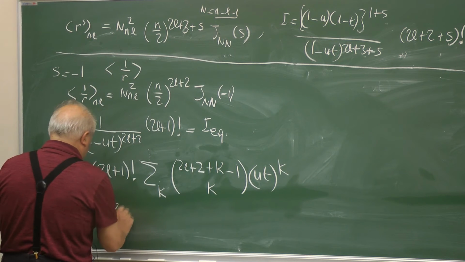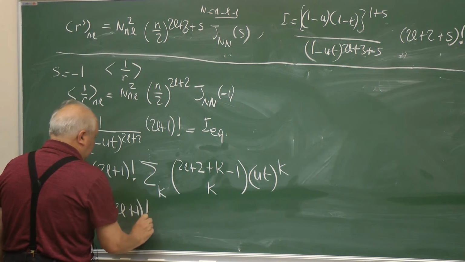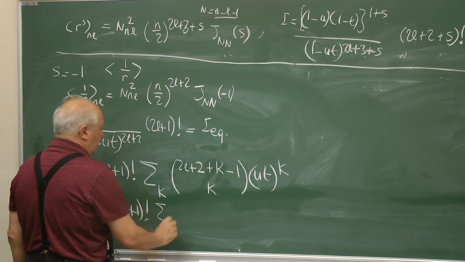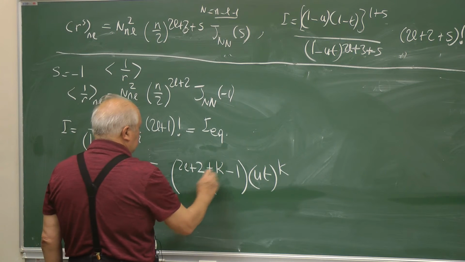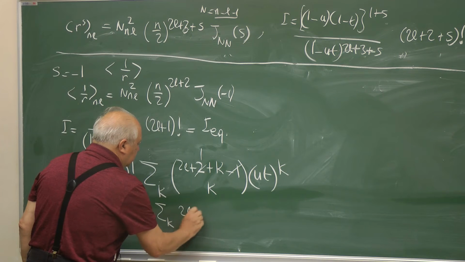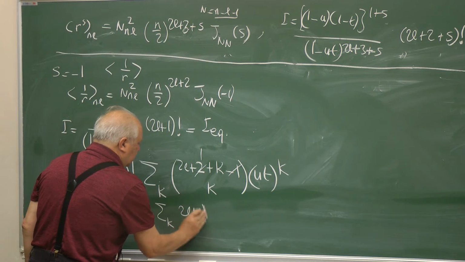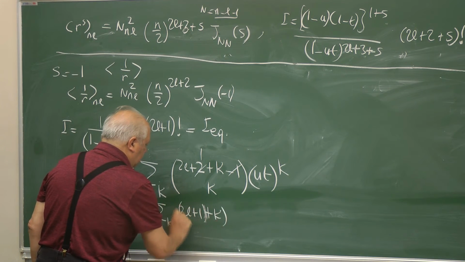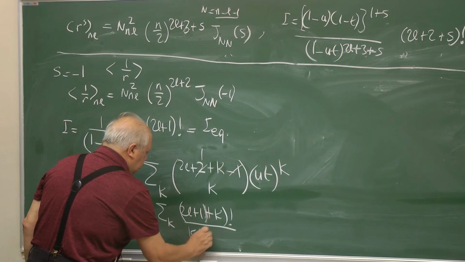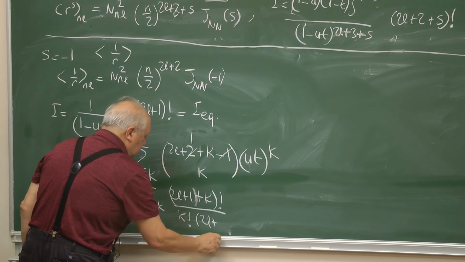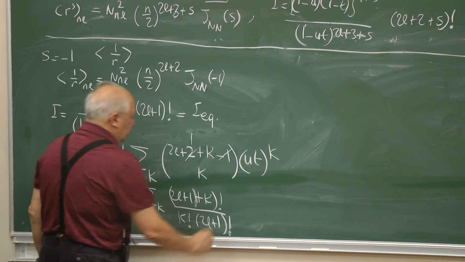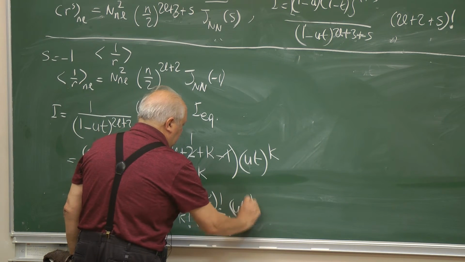That's equal to (2l plus 1) factorial times the sum of (2l plus 1 plus k) factorial divided by k factorial (2l plus 1) factorial times (ut)^k.